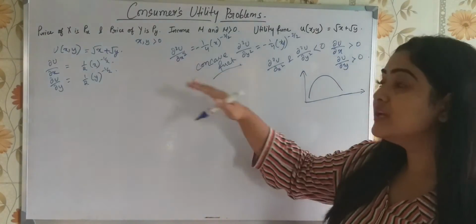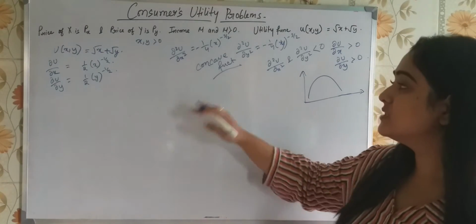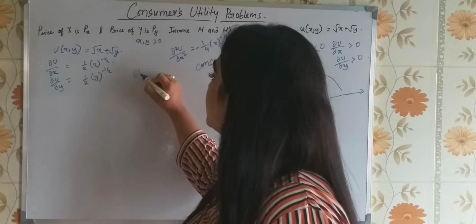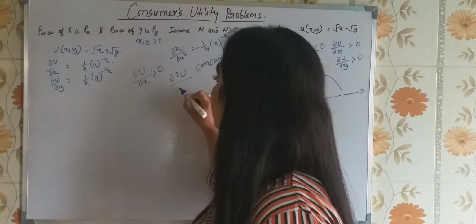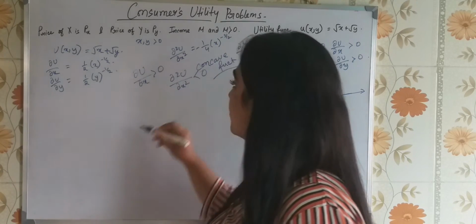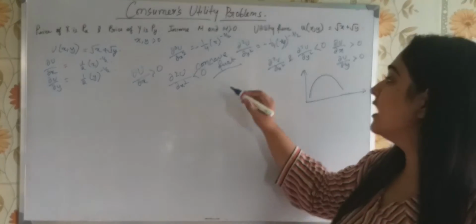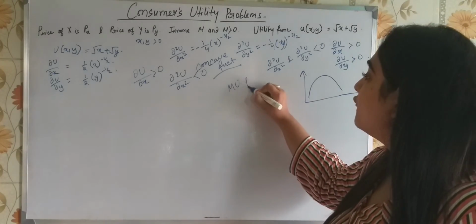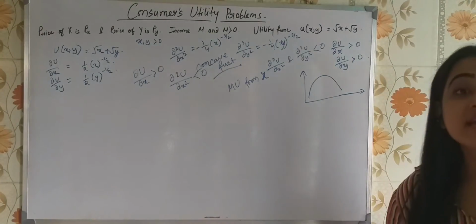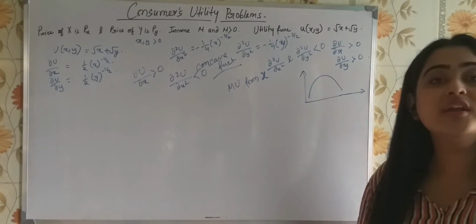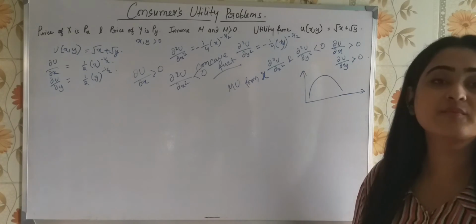Got it? Now this implies what? When del u by del x is greater than 0 and del 2u by del x2 is less than 0, this implies that the marginal utility from the consumption of good x is decreasing for each unit of consumption of x.